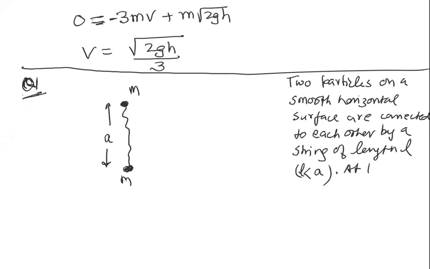At t is equal to 0, one particle is given a velocity v naught as shown.